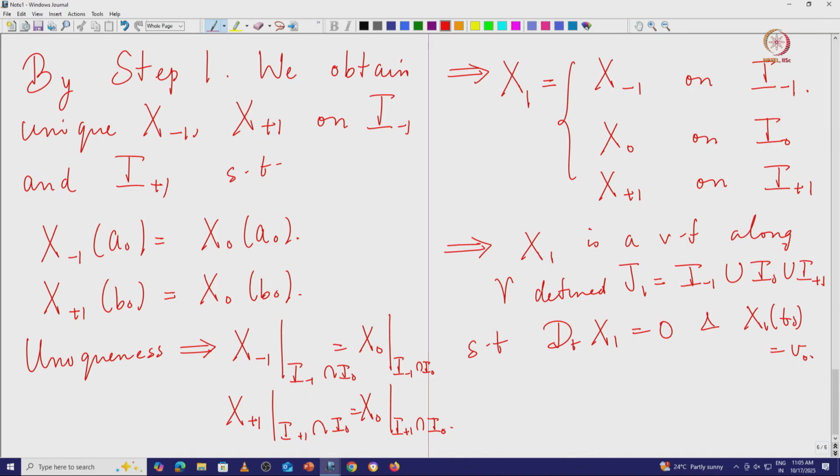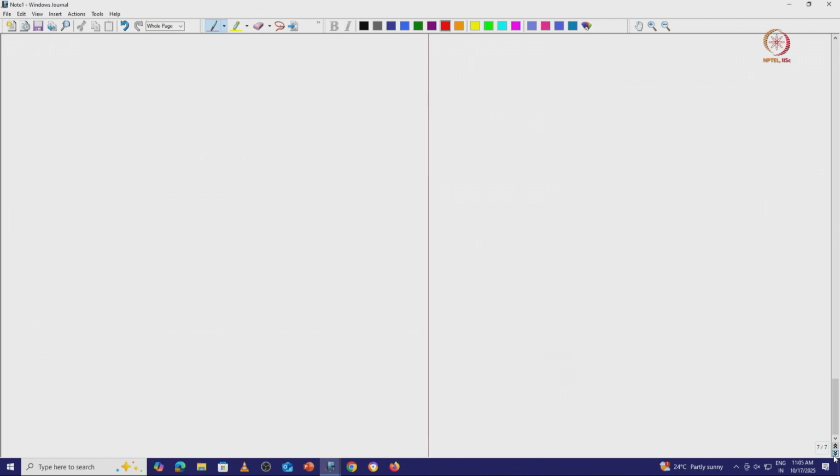Now you can do this inductively. Inductively we construct this vector field xm on Jm such that if you restrict it to any of these subintervals, it will agree with xl.